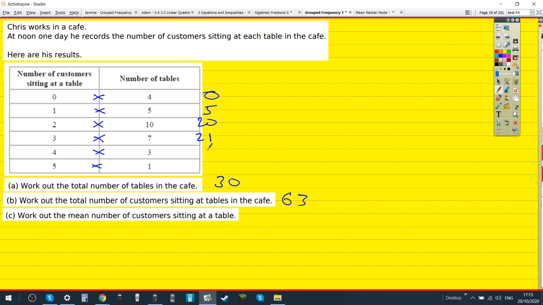And any idea how you do C? Oh man. Yeah. How do you do it? Find the mean number of customers.